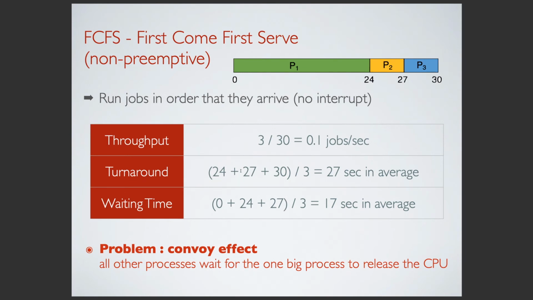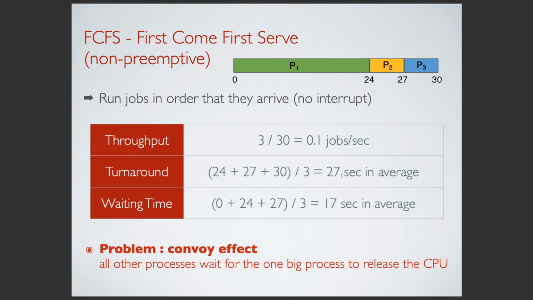Here the turnaround is correct: the first one takes 24 seconds, the second one takes 27 seconds to finish, and the third one takes 30 seconds to finish. All of that divided by 3, in average it takes 27 seconds to finish.